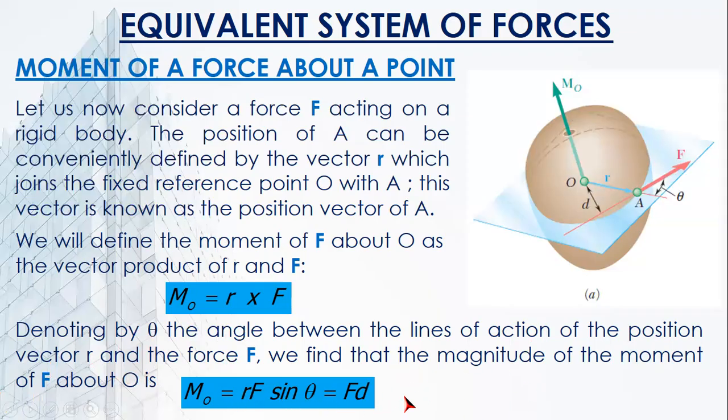We can also replace it with F times D. If you extend the line of action of F and get the perpendicular distance of F to O, denoted by D, then from trigonometry, sine of theta is D over R, or simply D equals R sine theta.